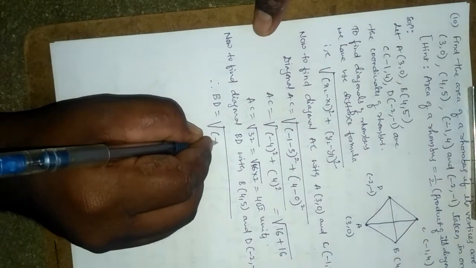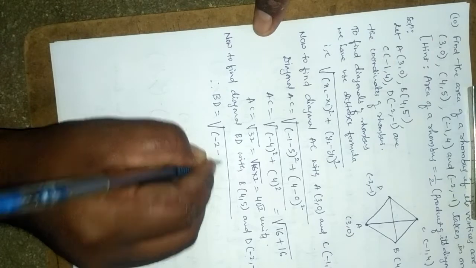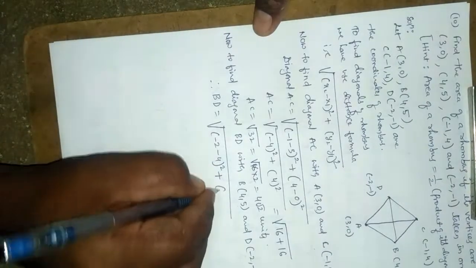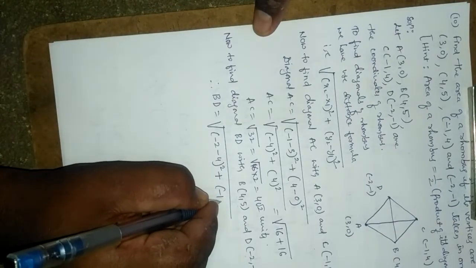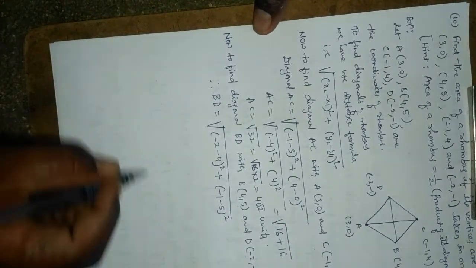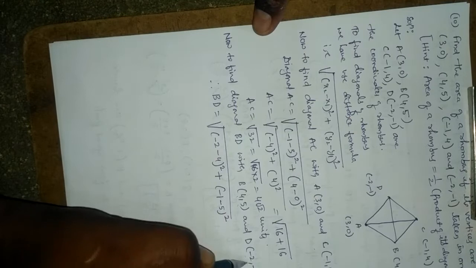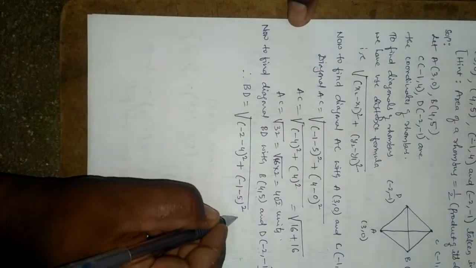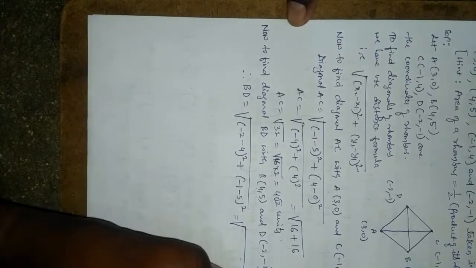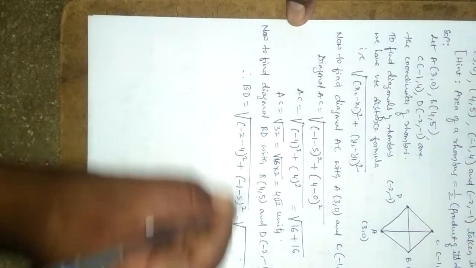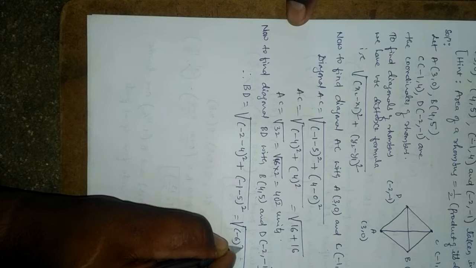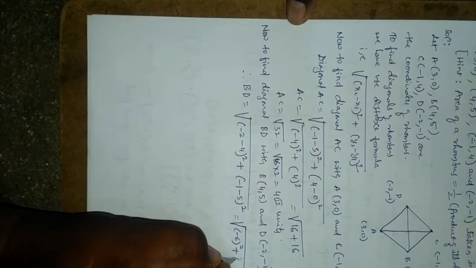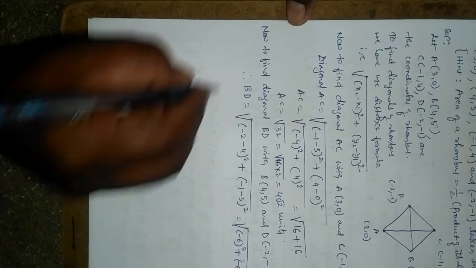So (x2 minus x1) whole square plus (y2 minus y1) whole square. Now you have to simplify this. This is under root (-2 minus 4), that is (-6) whole square, plus (-1 minus 5), that is also (-6) whole square.